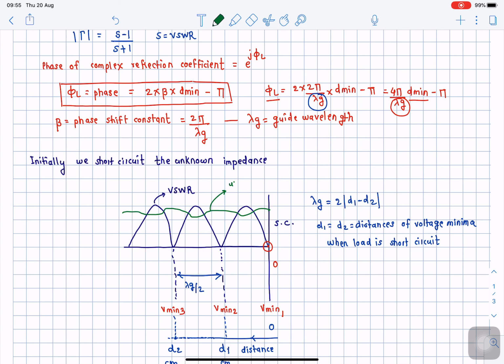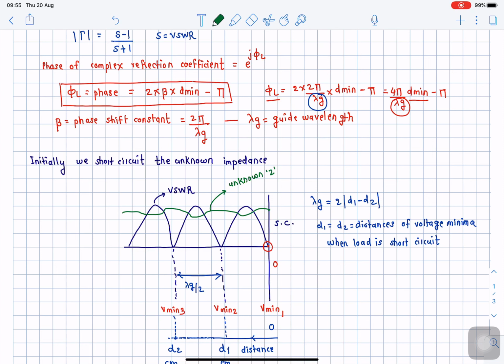So this green waveform is a VSWR with unknown impedance. This green waveform is also indicating the voltage standing waveform, but this type of waveform you will get when you replace the short circuit with the unknown load. Now we want to find out again the position of the first voltage minima when the short circuit is replaced with unknown load.